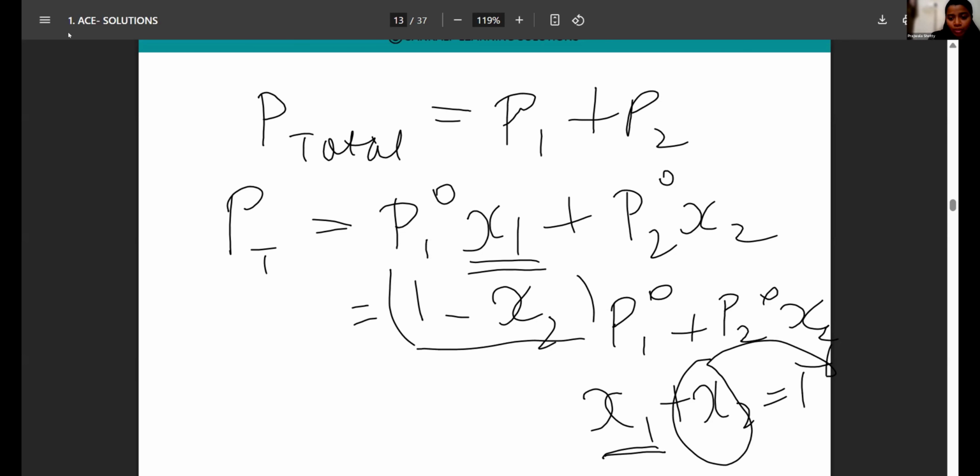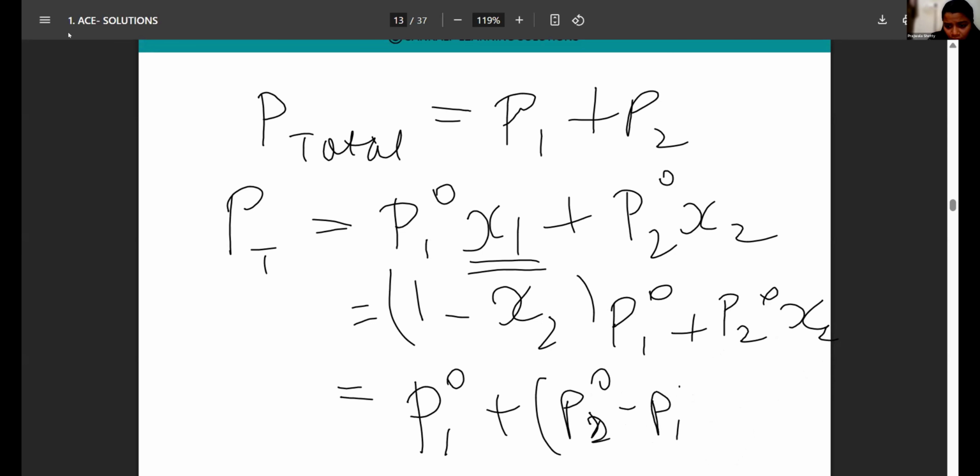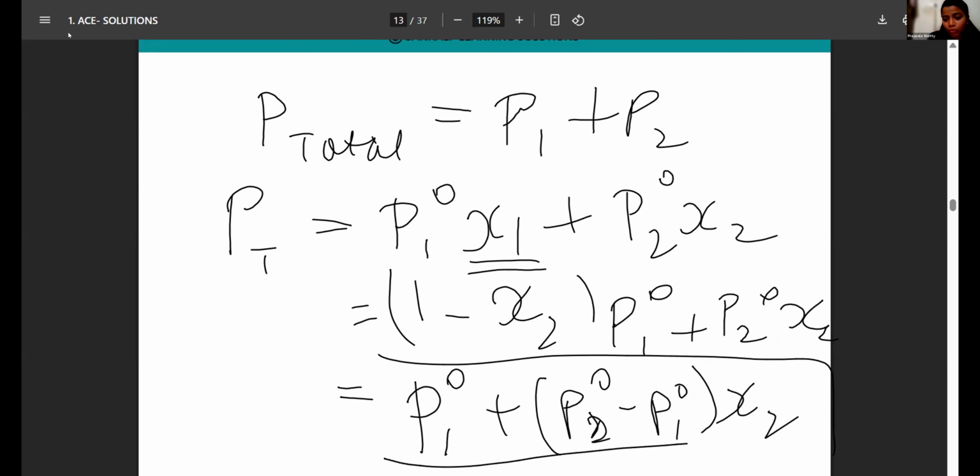So the final equation will be P1 naught plus (P2 naught minus P1 naught) into X2. This is the final equation for Raoult's law with Dalton's. Okay, so let me show you that.